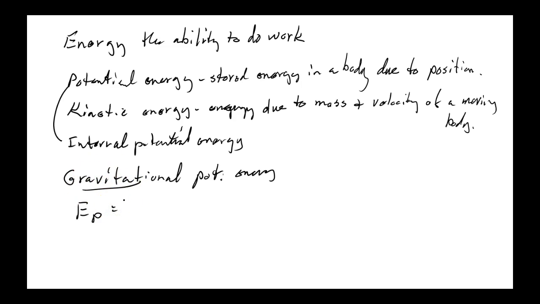Since gravity is involved, it's mgh: mass, gravity, and h is the height that it's been lifted. Like when I lifted the book from here to here, whatever that height was, that's how much more energy the book had up here than down there. That's the energy I added to it.